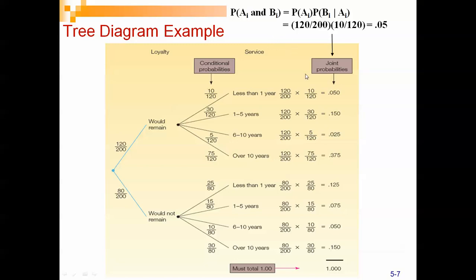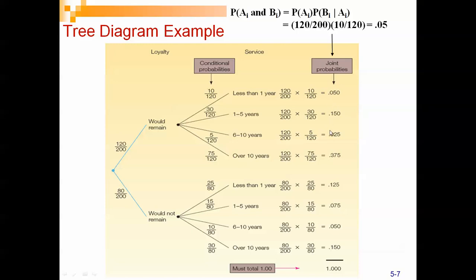For example, the joint probability of randomly selecting an executive who would remain with the company and who has less than 1 year of service, from the formula in the upper right hand corner, is the probability of both event A sub 1 and B sub 1, which is equal to the probability of A sub 1 times the probability of B sub 1 given A sub 1, which equals 120 divided by 200, which equals 0.05.